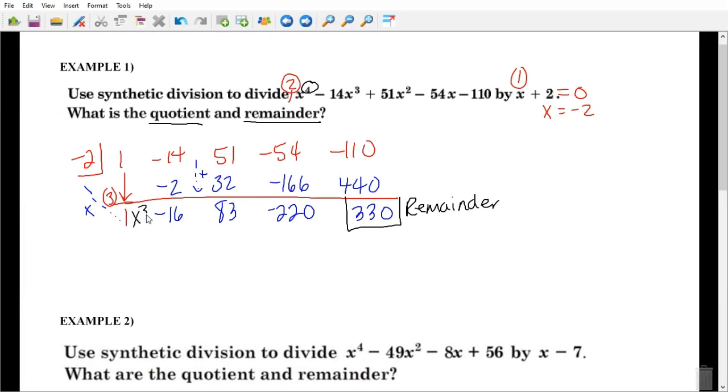So 1x to the 3rd minus 16x squared plus 83x minus 220. So x cubed minus 16x squared plus 83x minus 220 is my quotient.